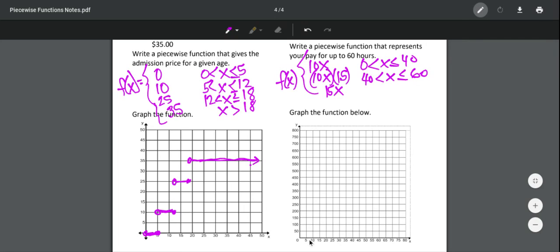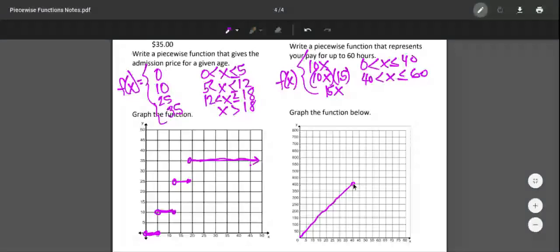Well, that's 10, right? So each of these is 10. So from 0 to 40, I'm going to go up 1 over 1 all the way to 40 here. Okay. And then from 40 to 60, I want to go time and a half.